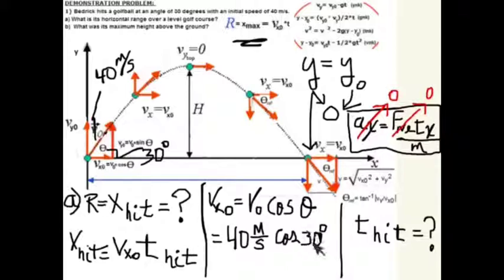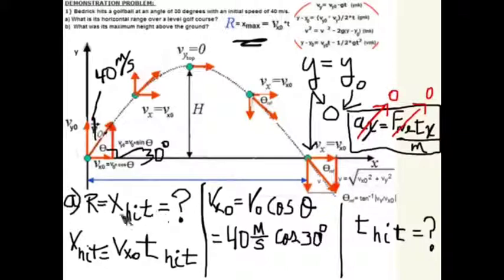30 degrees. We're asked for the horizontal range over the level golf course. The horizontal range is the change in x, or the displacement along the x-axis. Treating x naught as 0, that means that we need x final or x hit.